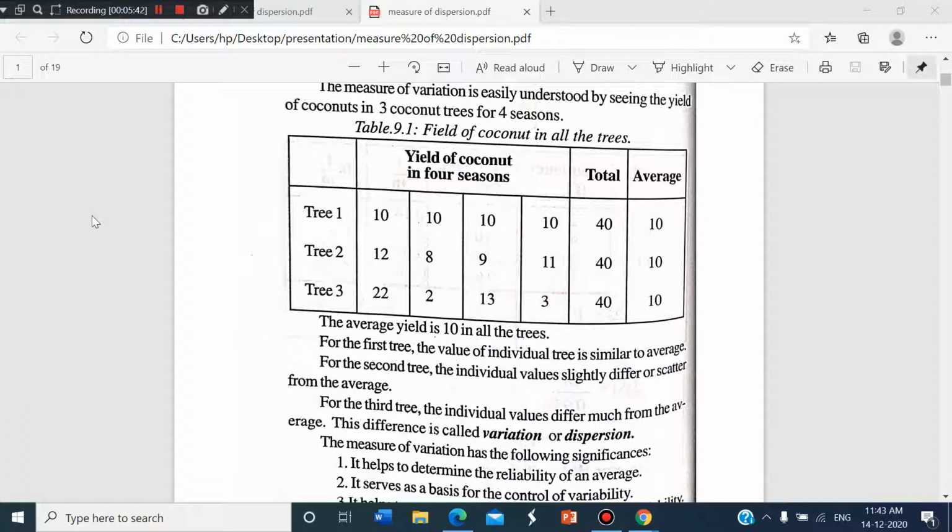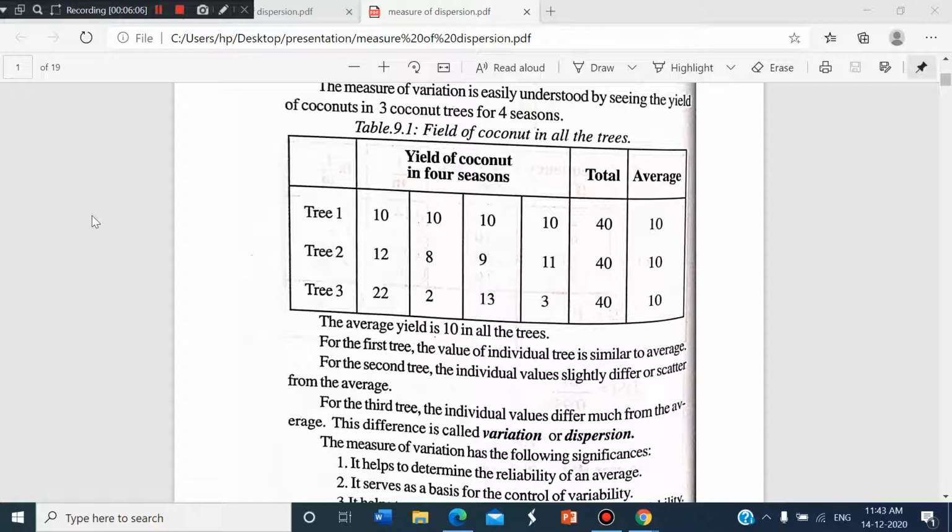Each harvest of coconut tree number one is similar to the average. But in the second tree, the individual values slightly differ or scatter from the average. First it got 12, 2 more than the average.